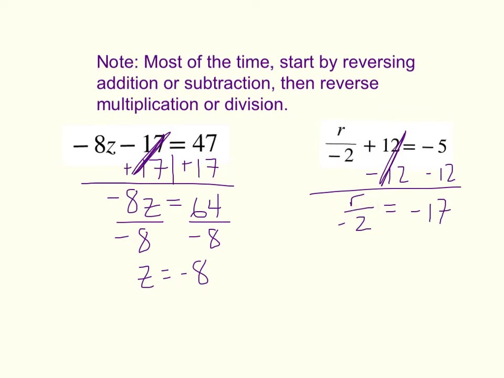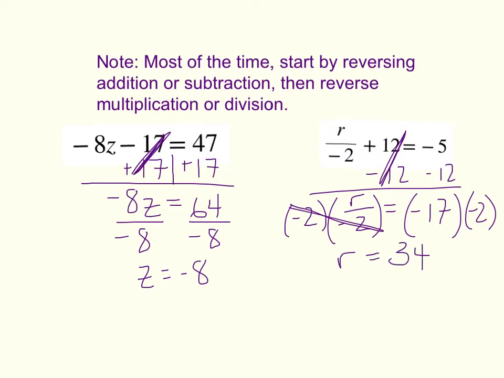What am I going to do to reverse division? I'm going to multiply by whatever we divided the variable by. So I'm multiplying by negative 2. That cancels there on the left and gives me 34 on the right. Again, check that solution if you would like to, and keep in mind that on a test or a quiz, you should always be checking your solutions.